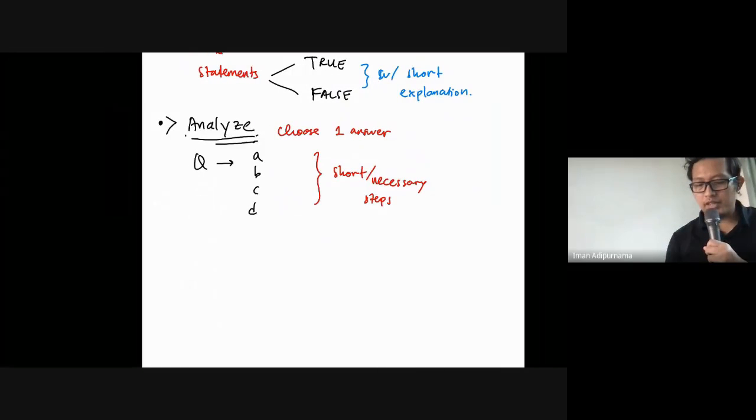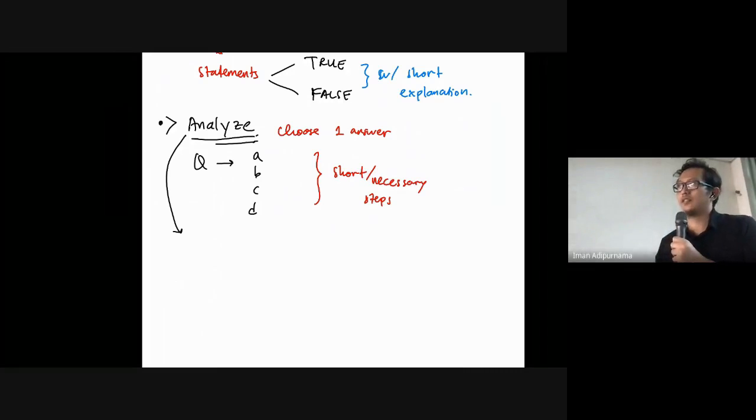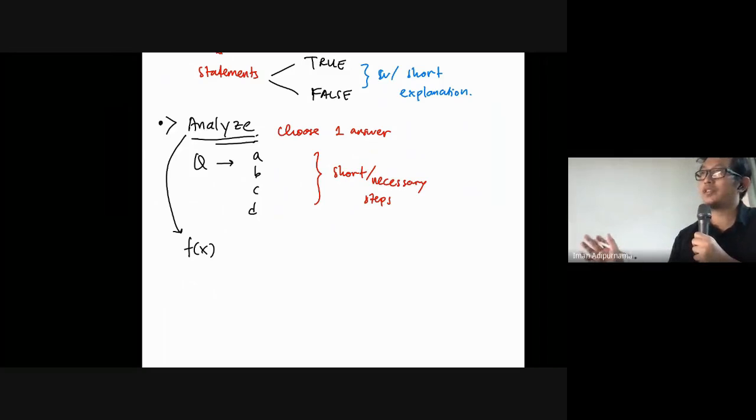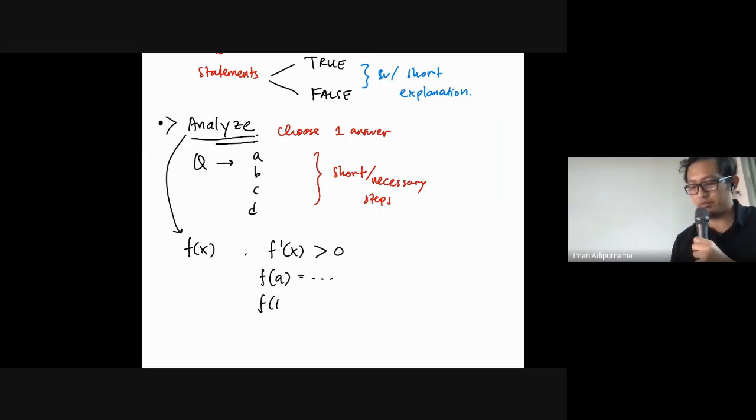And because it's mostly analysis, sometimes the questions don't have specific functions. Maybe the function is just given like f(x), but it will be given a property, like maybe f prime of x is always positive, or maybe you will be given f at some point is blah blah blah, and you will be asked in some questions.